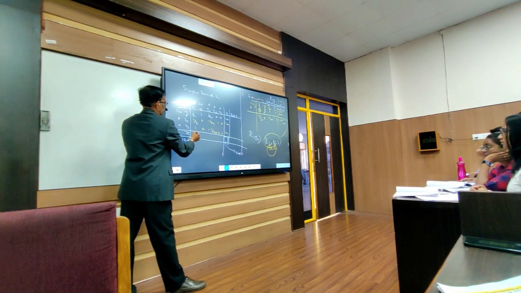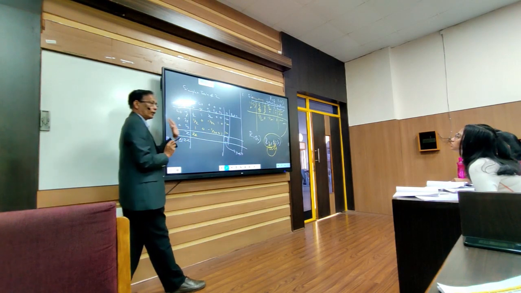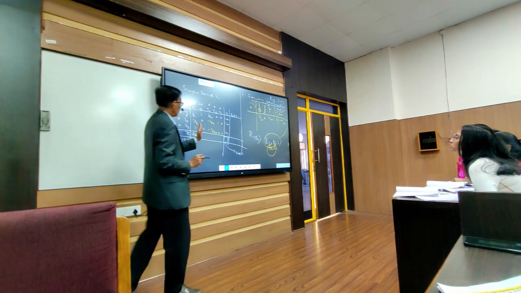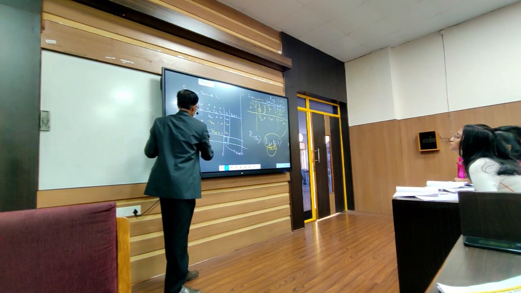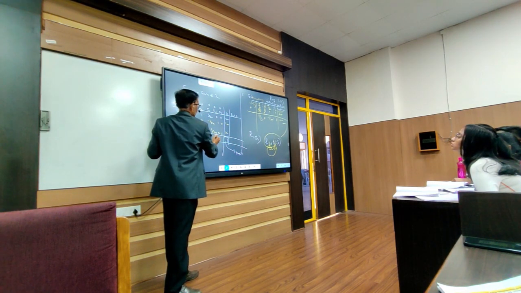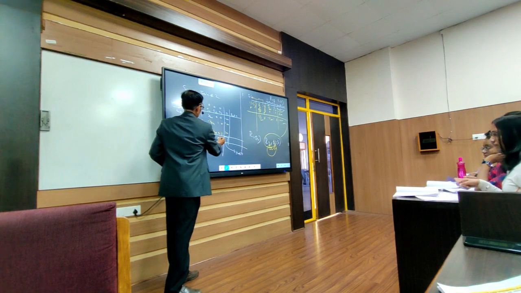So what should this value be? This is 20. All of it clear? Now, what is this one? 40 and this one? 1/3 and this one? 0.